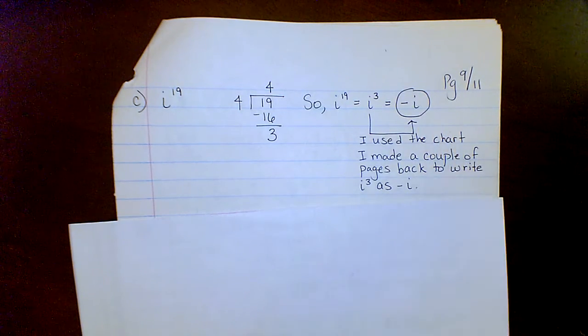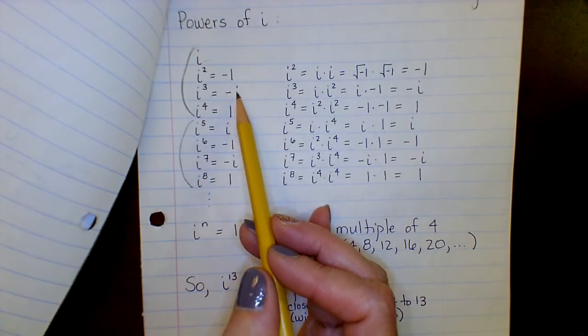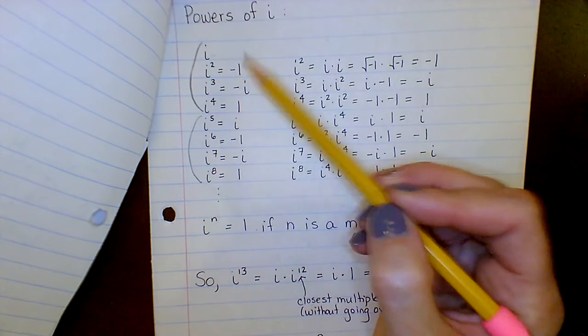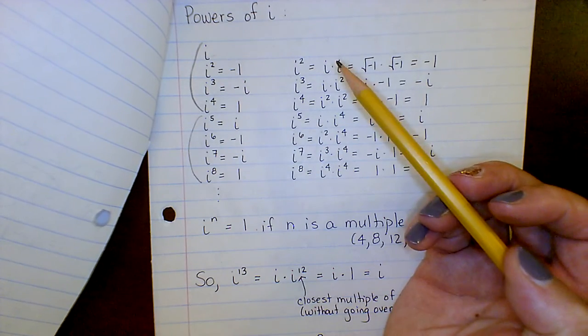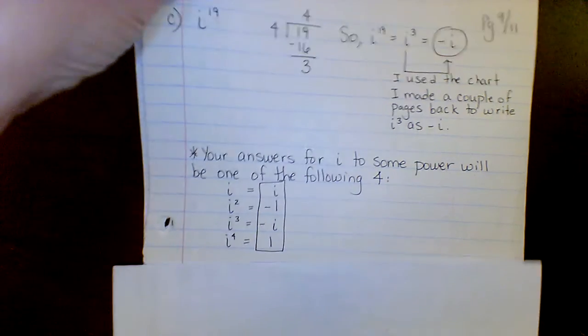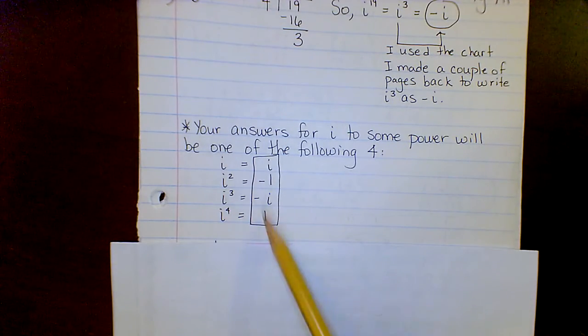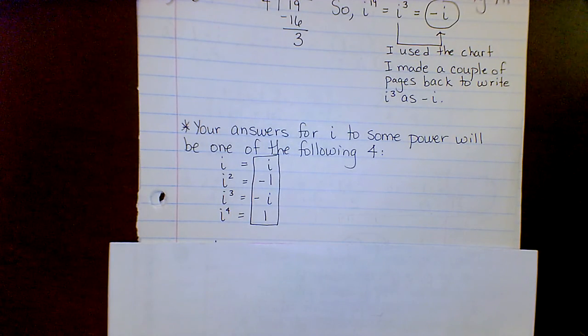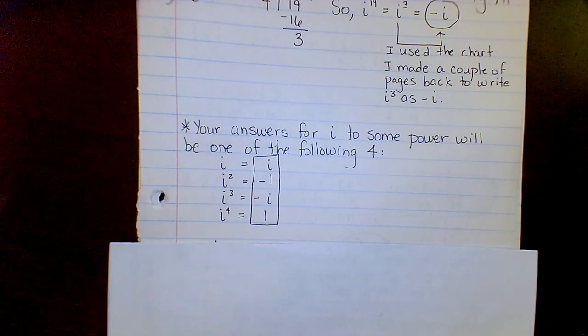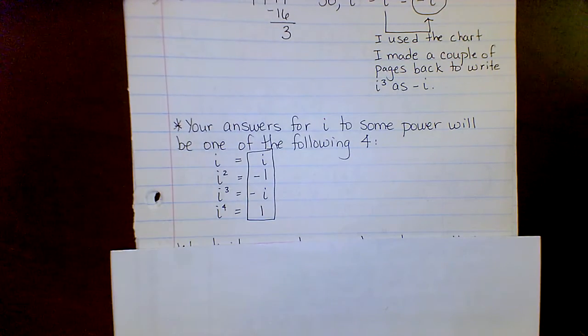I just used that chart that I made a couple of pages back, of i cubed being negative i. Your answer is either going to be i, negative 1, negative i, or 1. That's what your answers are going to be for all these exponents. If you have i to some power, it's going to be one of those 4.